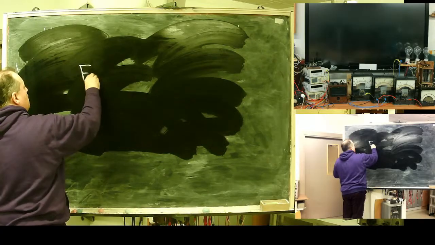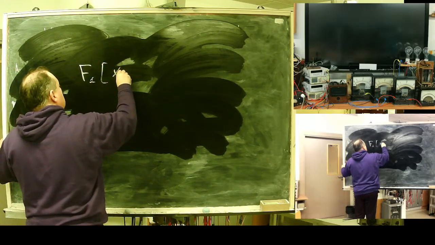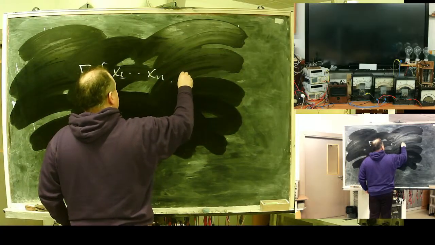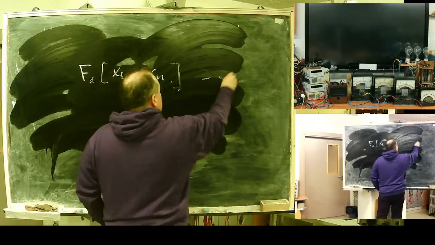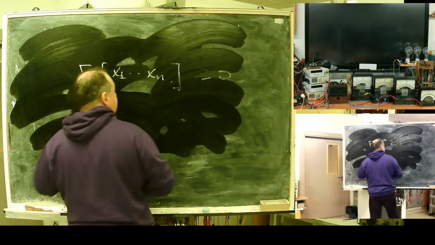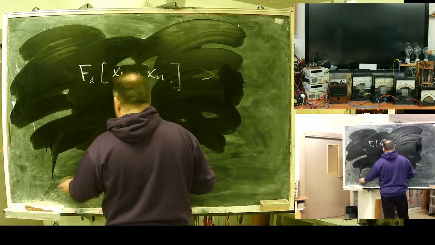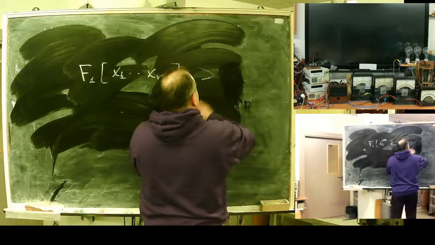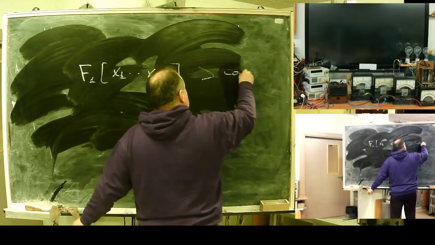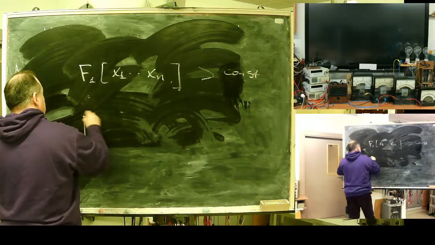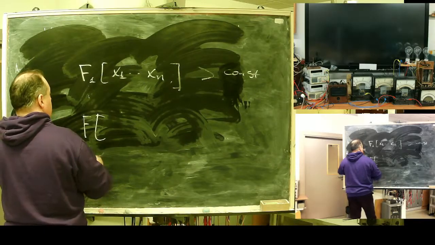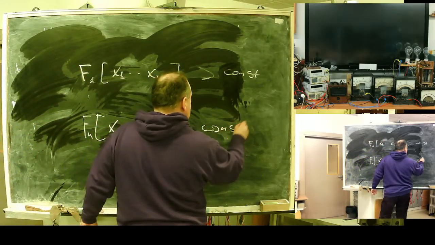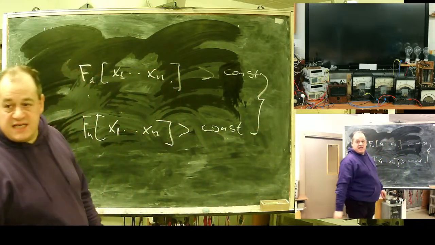We have a set of functions f1(x1...xn) greater than some constant, Fn(x1...xn) greater than some constant. What are these constants? Settings.